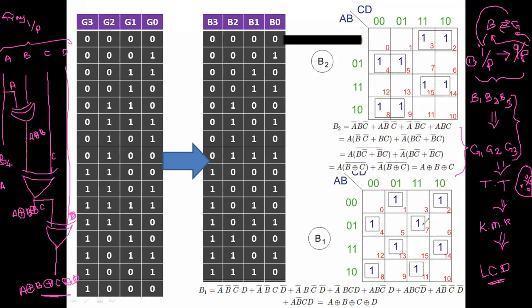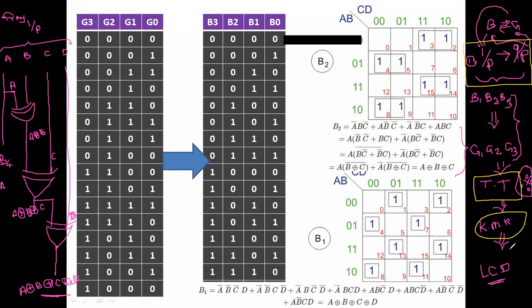These are the steps. Whatever the combinational circuit may be, the important first step is to identify what the input is and what the output is. Once you confirm the input and output, next you have to draw the truth table. Then by using the truth table, do the Karnaugh map method of reduction.